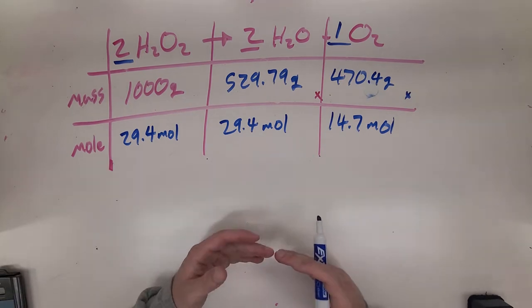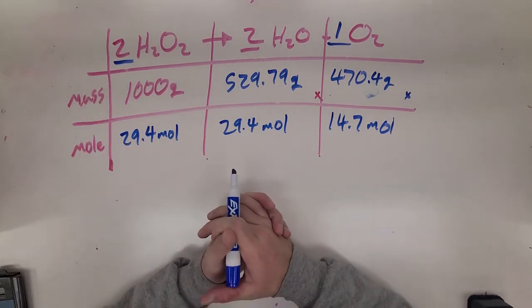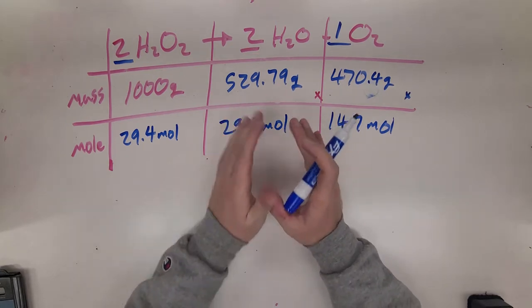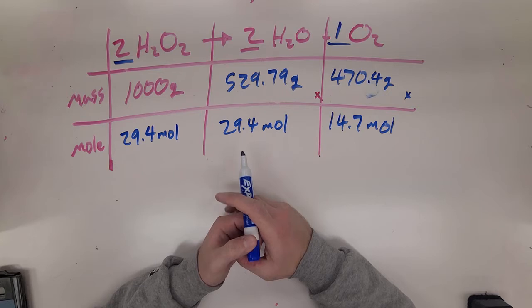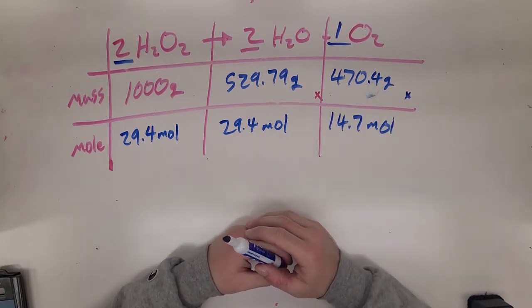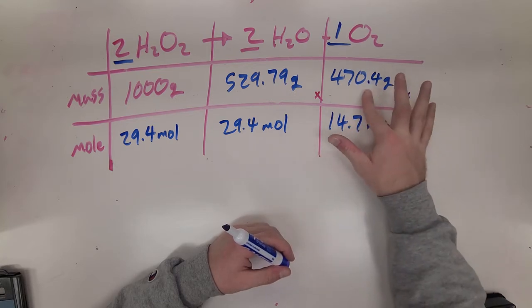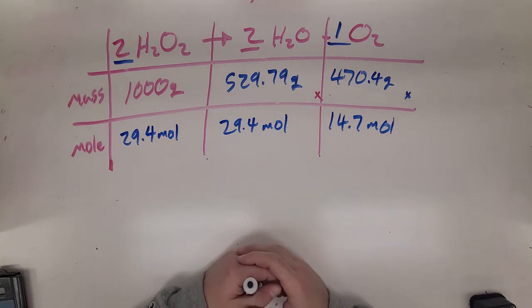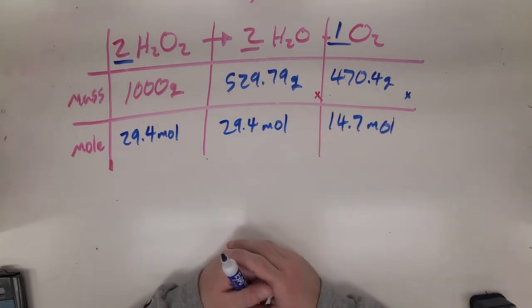Okay, so here's what this means. If we started off with 1,000 grams of hydrogen peroxide and we reacted that all the way to completion, we should get 529.79 grams of water and 470.4 grams of oxygen gas. Now oxygen, that's a gas obviously, so unless you found a way to contain all of it, that's all going to get tossed up into the atmosphere, and you're not going to really have a way of measuring that.